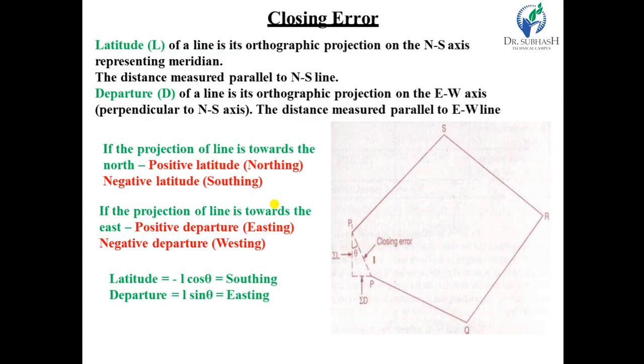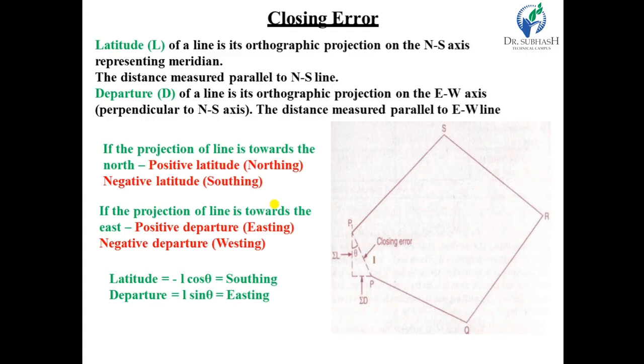If the projection of the line is towards the north, the positive latitude is called northing and the negative latitude is called southing. If the projection of the line is towards the east, the positive departure is called easting and the negative departure is called westing.